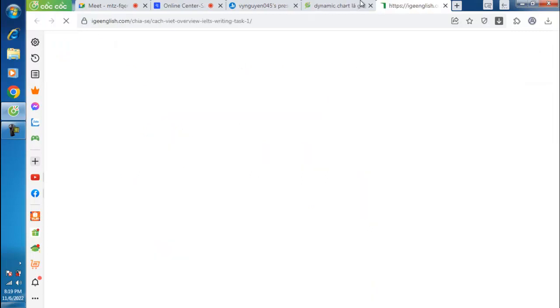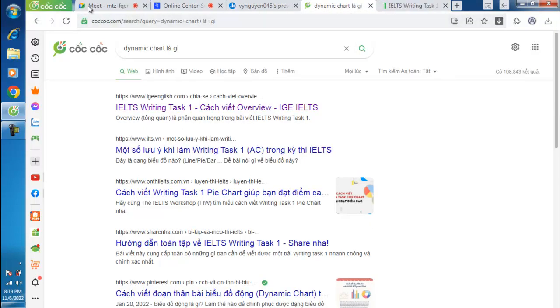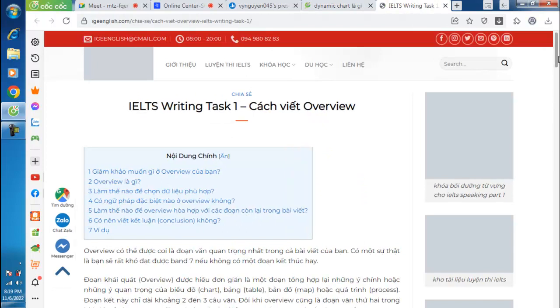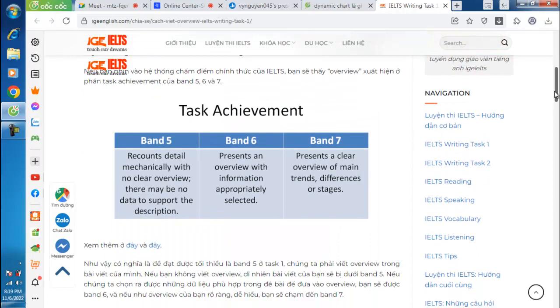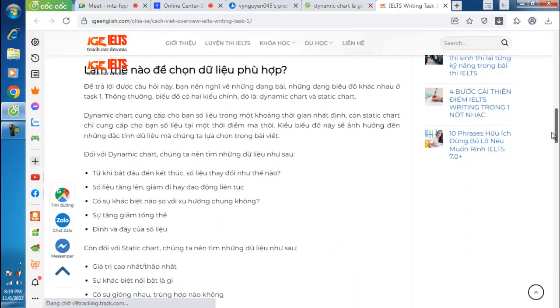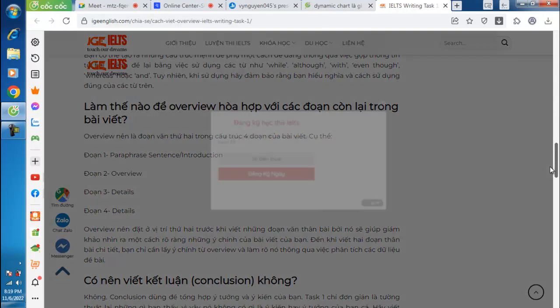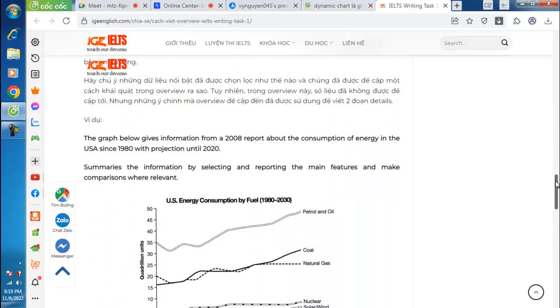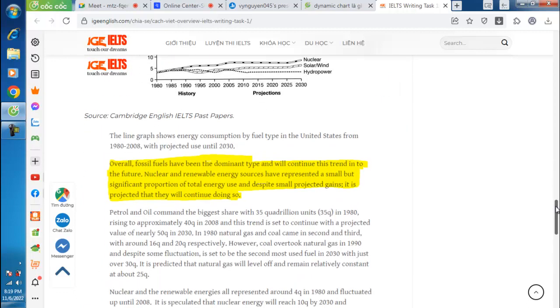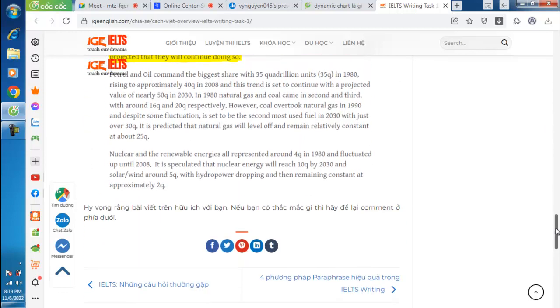Kenji, can you please tell me what a dynamic chart is? A dynamic chart has lots of numbers, much information, and it has lines, like standing lines to show the difference of the information.